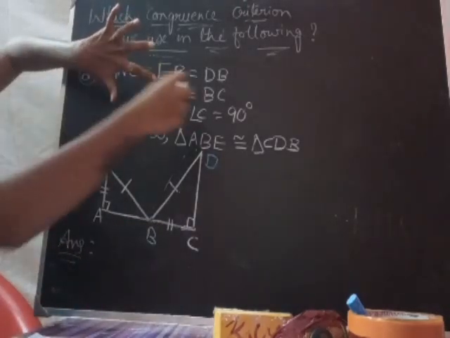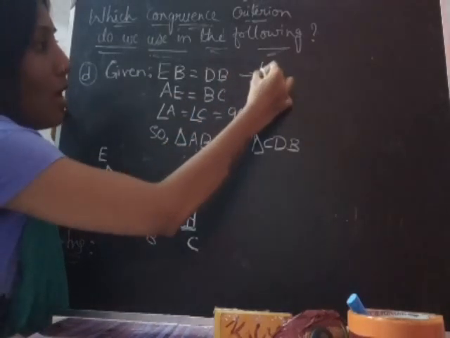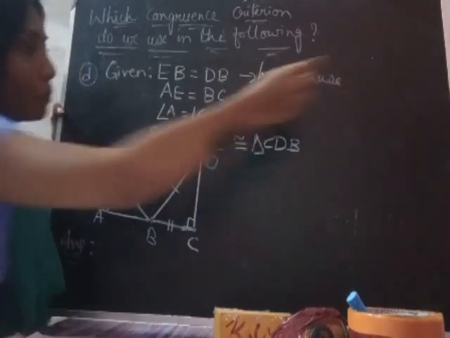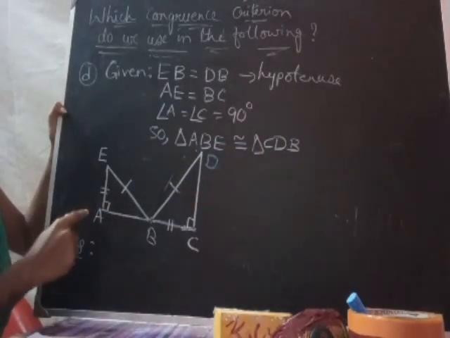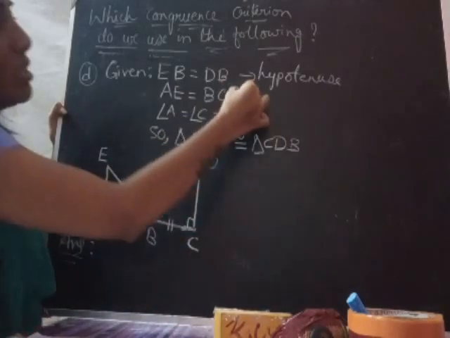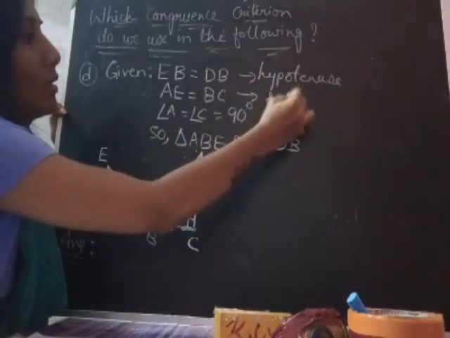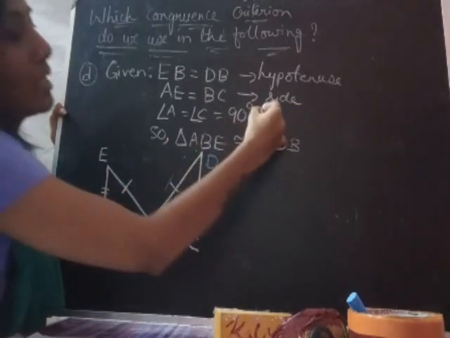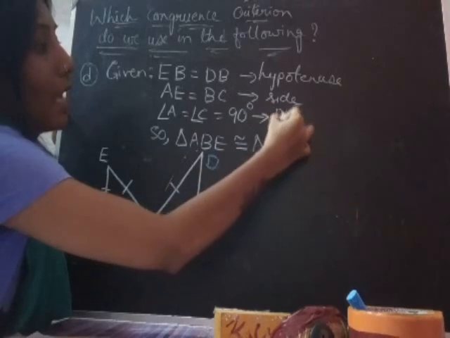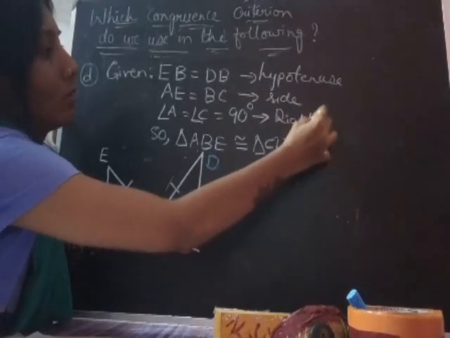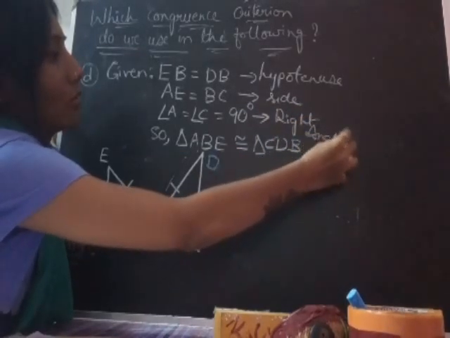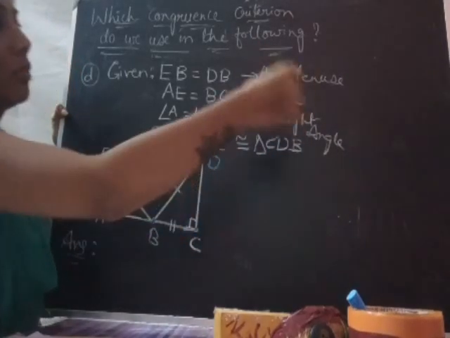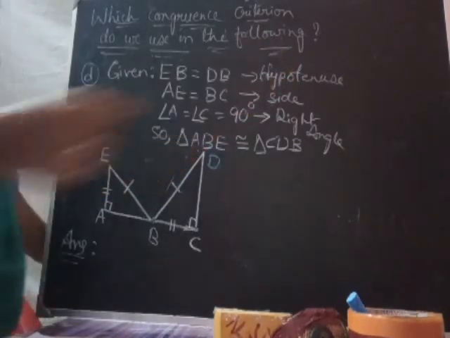EB equals DB, which is the hypotenuse. AE equals BC, which is a side. Angle A equals angle C equals 90 degrees, that is a right angle.